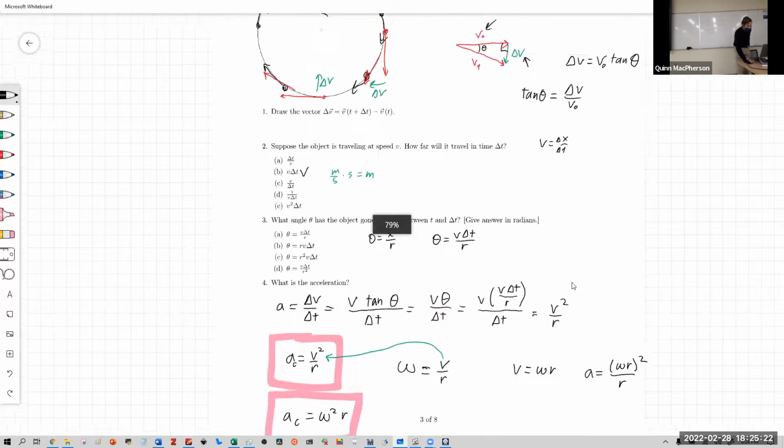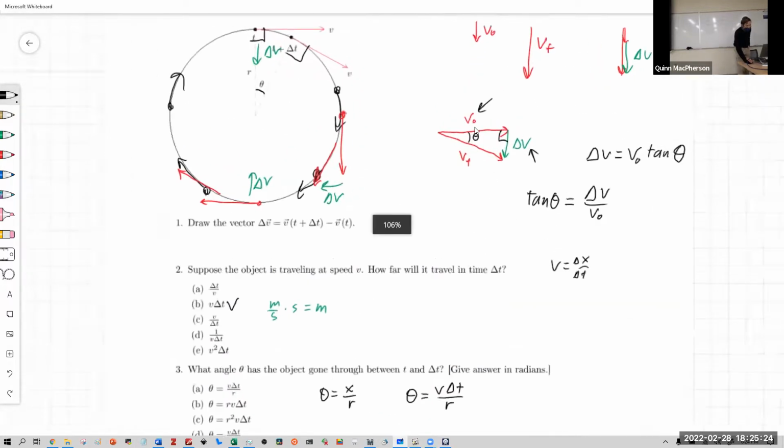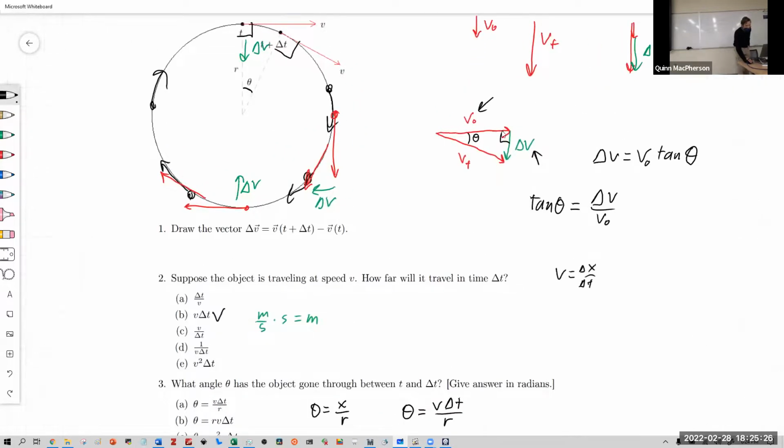Notice, if we have a bigger velocity, we have a bigger triangle. So if you have a bigger velocity, you have a bigger change in velocity. Imagine we increase the size of velocity to like here. Then our change in velocity would get bigger. That was one source of v.